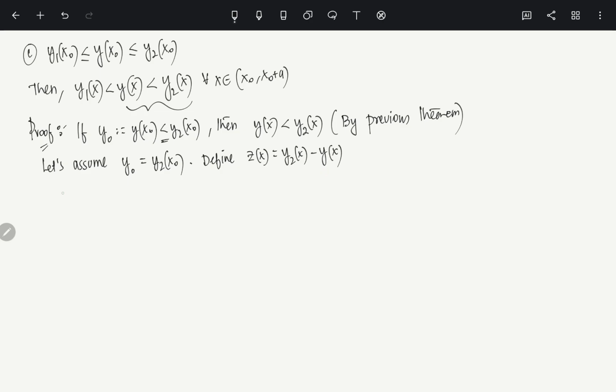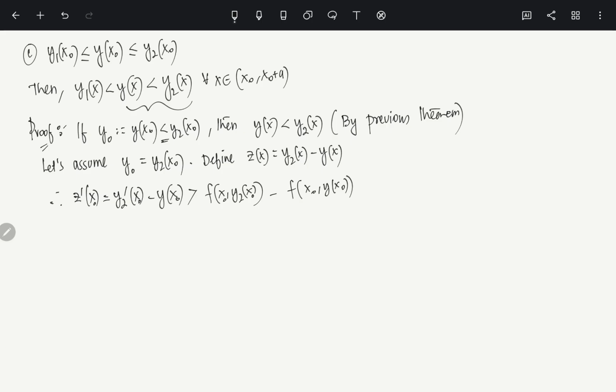Clear? If we do that, therefore z prime of x is what? It is y2 prime of x minus y prime of x, right? That's what we are going to get, and this is greater than f of x, y2 at the point x minus f of x, y at the point x, evaluated at the point x naught.